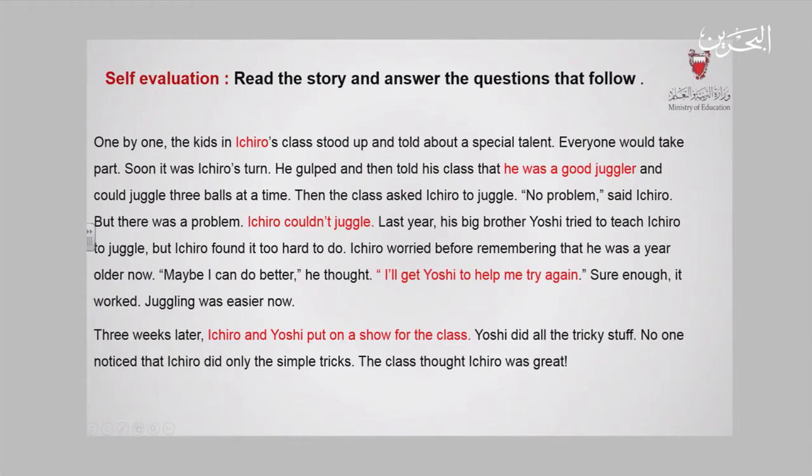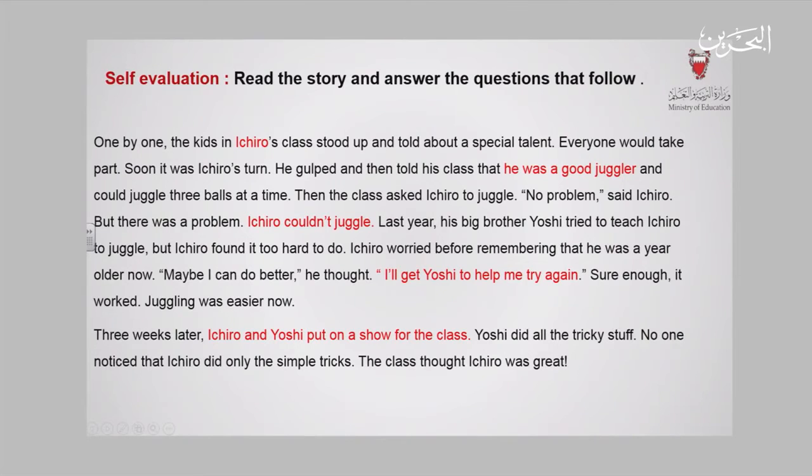Now let's read it all together. One by one, the kids in Orcho's class stood up and told about a special talent. Everyone would take a turn. Soon it was Orcho's turn. He gulped and then told his class that he was a good juggler and could juggle 3 balls at a time. Then the class asked Orcho to juggle. No problem, said Orcho, but there was a problem.